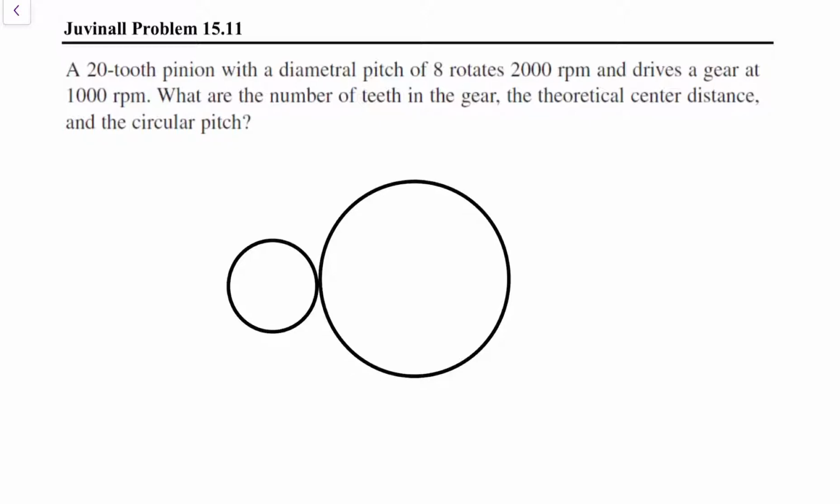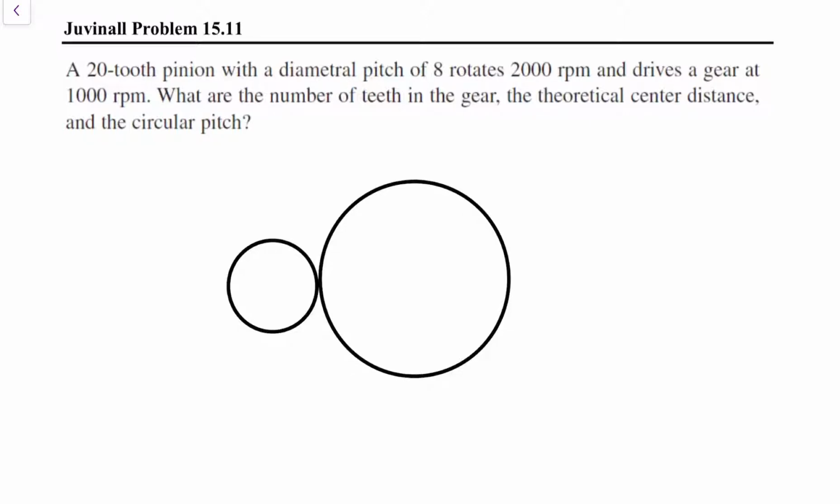And we need to calculate the number of teeth in the gear and the theoretical center distance along with the circular pitch. Right off the bat, we can tell that the gear is bigger because both of them have the same pitch line velocity, or rather the linear velocity at the teeth is going to be the same.